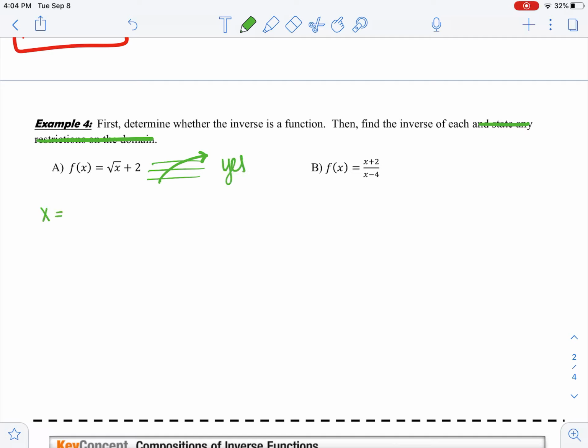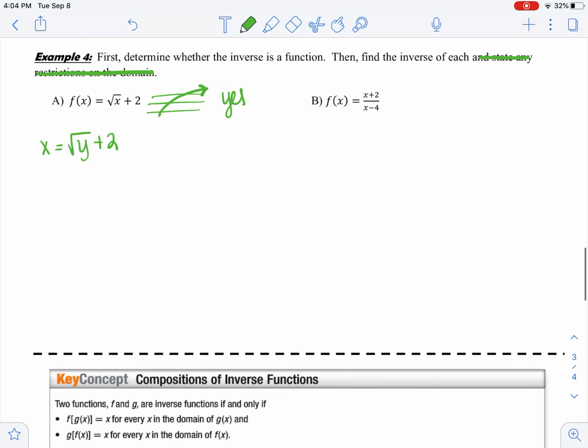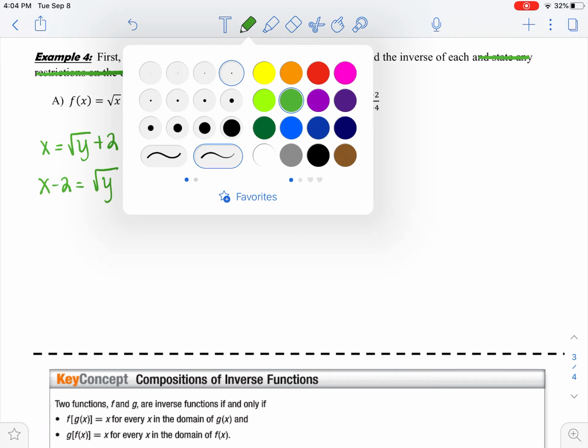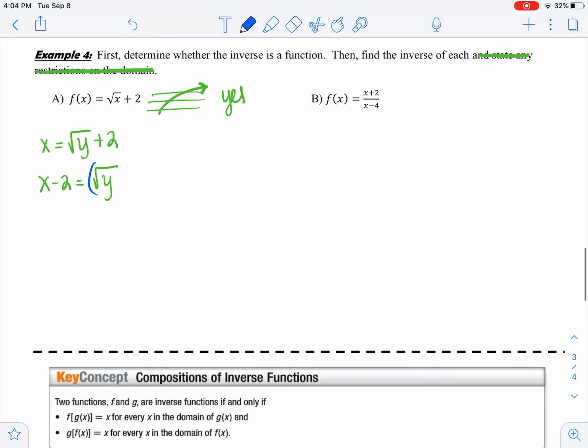We have x equals the square root of y plus 2. Solve for y. Subtract 2 from both sides. And now I'm going to square both sides to get rid of that square root.